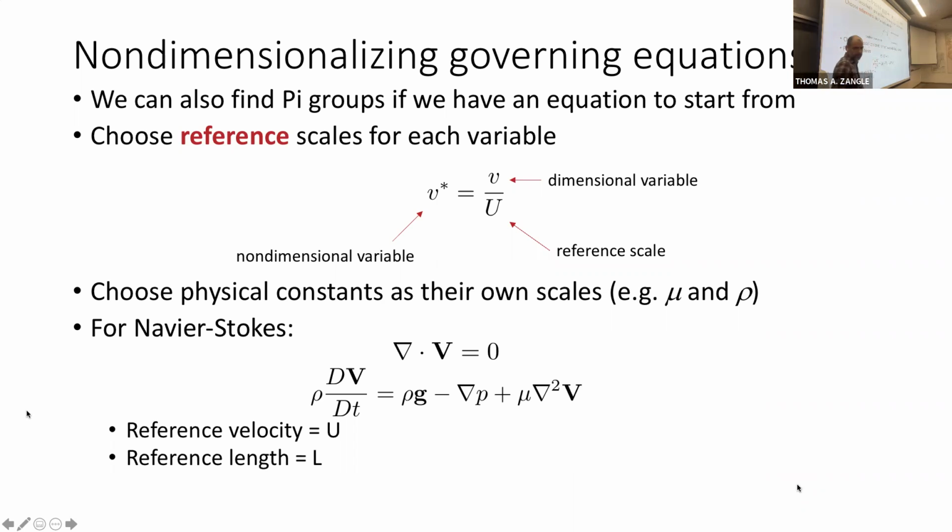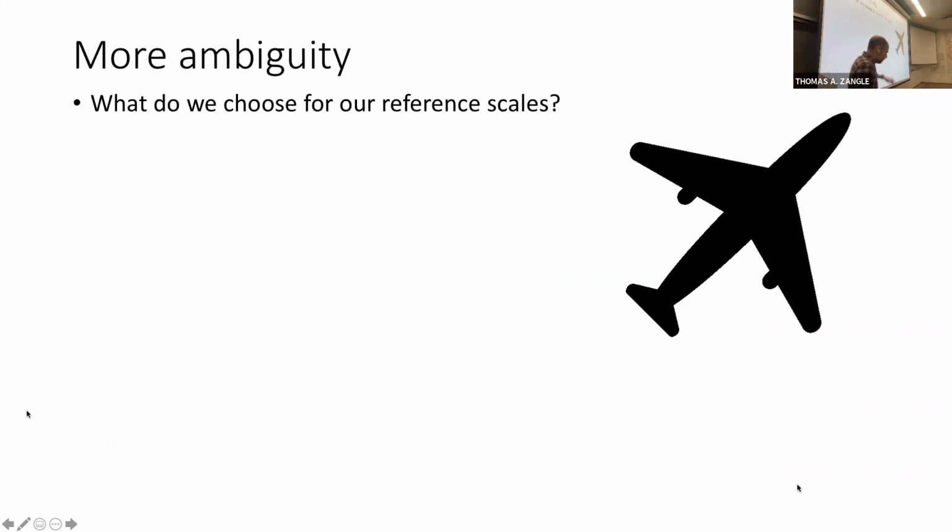And so we're going to have to choose a reference length L in order to non-dimensionalize this expression, which we're going to start on another slide. And viscosity and density are going to be constant.